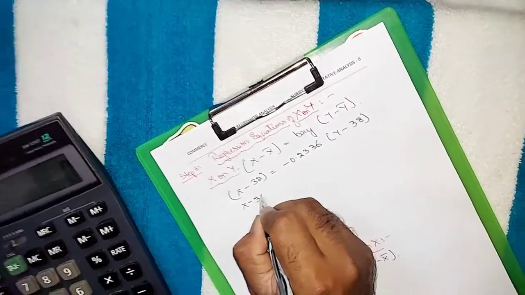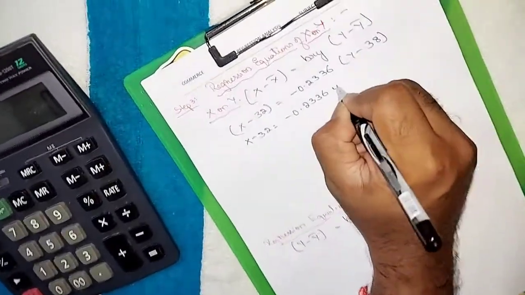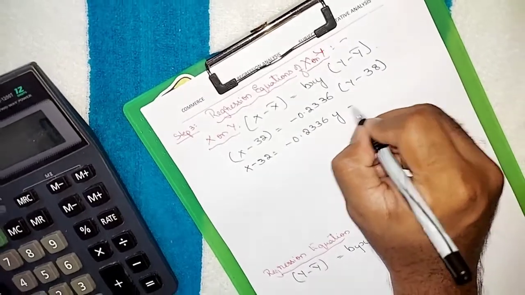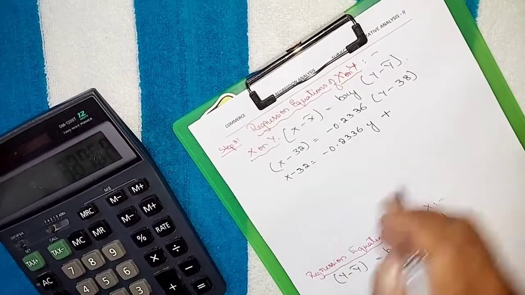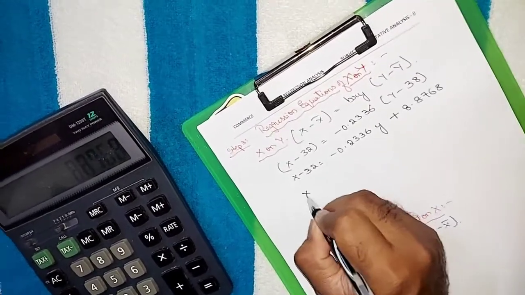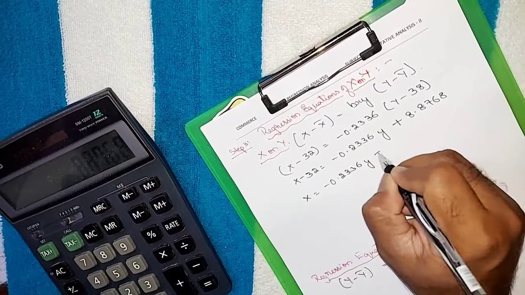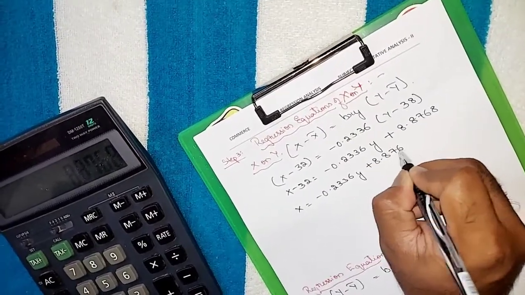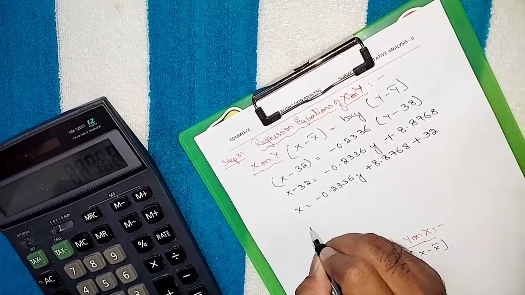X minus 32 is equal to minus 0.2336 y, minus into minus plus, 0.2336 into 38, which is 8.8768. X is equal to minus 0.2336 y plus 8.8768. Minus 32, when it comes to the right side, becomes plus 32.